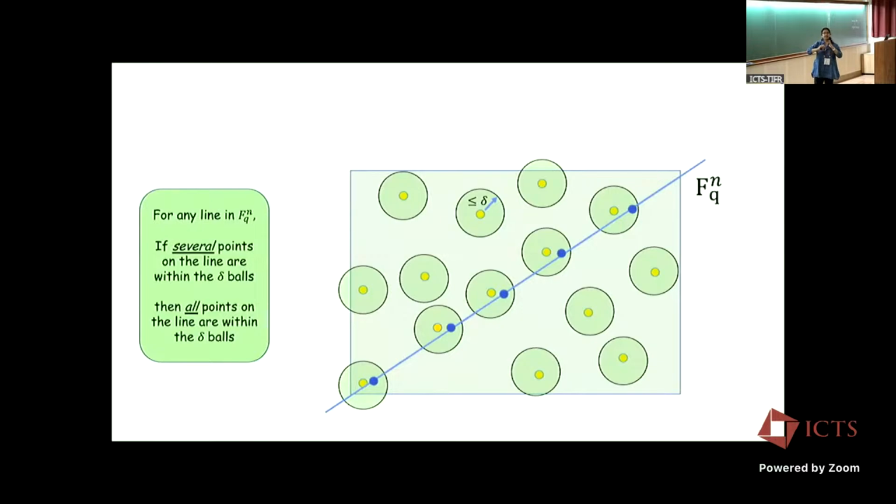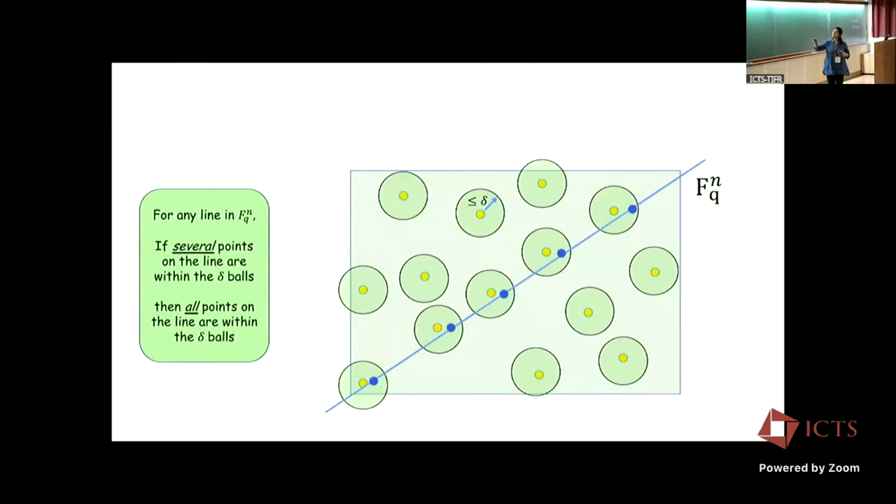You can't have a line where only half the points intersect balls of radius delta. Either very few points have this property of intersecting balls of radius delta, or all the points intersect balls of radius delta. And this is a property that Reed-Solomon codes have. This is what I mean by proximity gaps for Reed-Solomon codes.